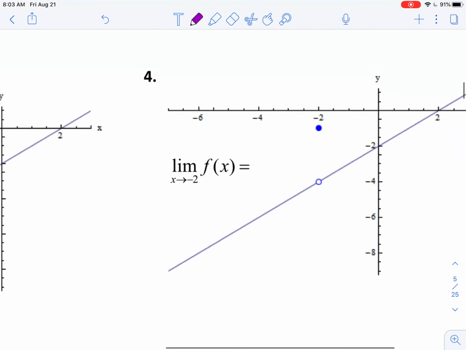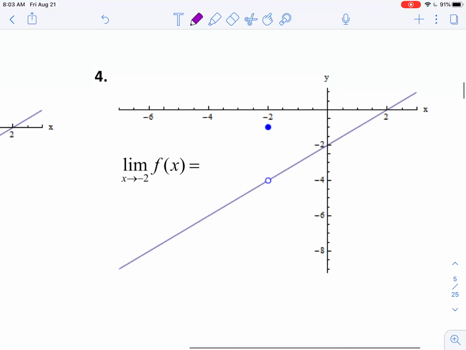My second example, it's almost the same picture, except here I do have a value of f at -2 defined. It's up here at, what is that? I guess -1. But that doesn't change the limit. In this problem, f of -2 is equal to -1.